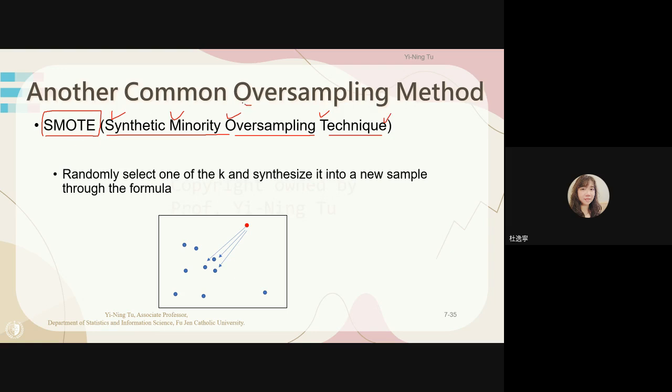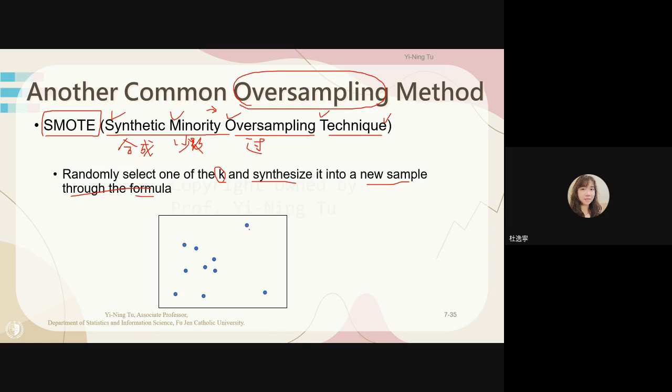SMOTE is also an oversampling method. 这个 synthetic 呢是合成的意思，合成少数过采样，oversampling. So it will make the less be more, right? So randomly, originally just like this. Randomly, we will select one of the K and synthesize it into a new sample through the formula.